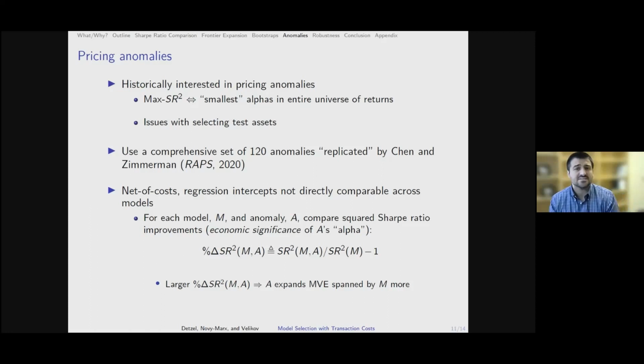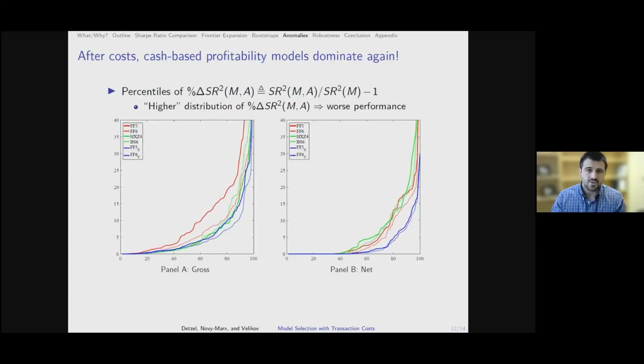The bigger the statistic is, the more the anomaly expands the mean-variance efficient frontier spanned by the factor model. Because we have a lot of numbers, 120 anomalies, we just compare the distribution, the percentiles of this percent change in squared Sharpe ratio. And again, a higher distribution means worse performance by the factor model.